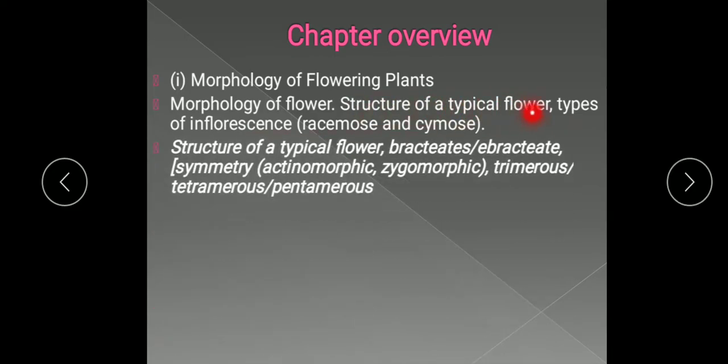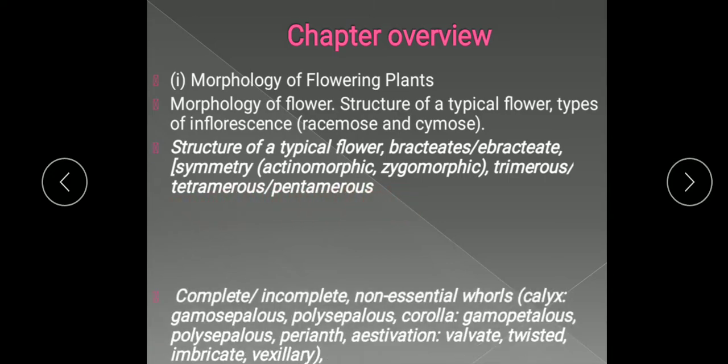In the structure of a typical flower, we are going to study all these technical terms, the types of flowers: bracteate, ebracteate, and symmetry in the flower. On that basis, two conditions, actinomorphic and zygomorphic. Then the number of floral whorls and three conditions: trimerous, tetramerous, pentamerous.